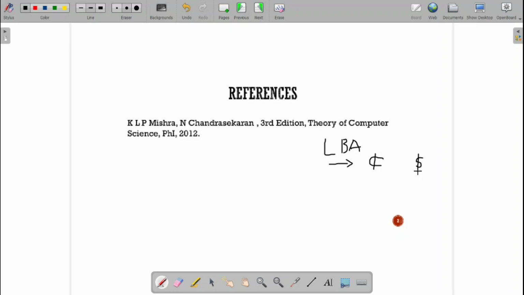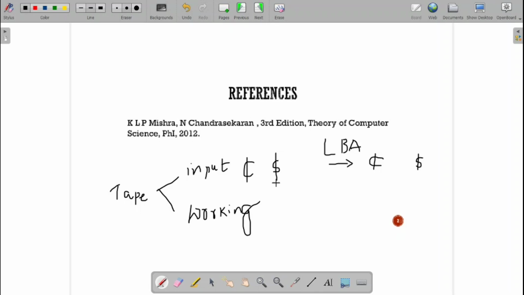The second one: when we go to designing the linear bounded automata, we consider two tapes. The first tape is the input tape, and the second is the working tape. In the input tape, along with the strings, we use these two special characters, the left end marker and the dollar. The working tape will be of length k into n.